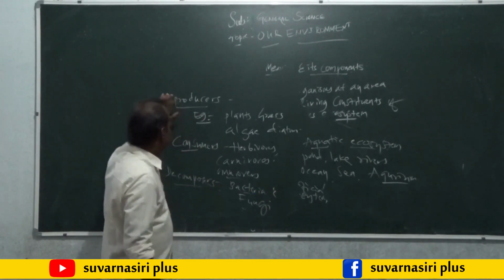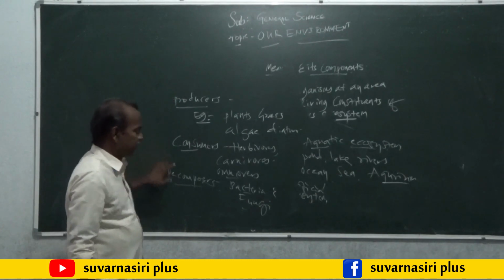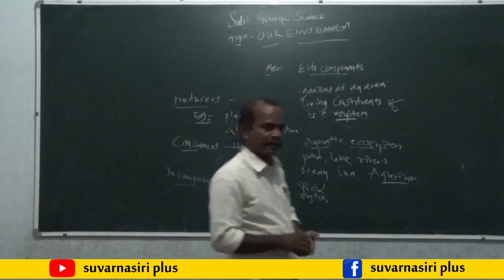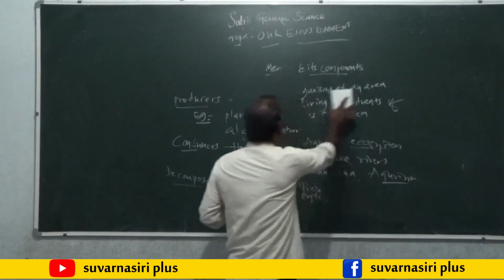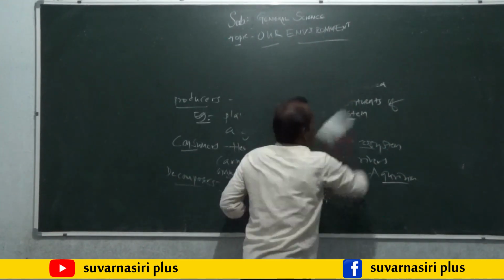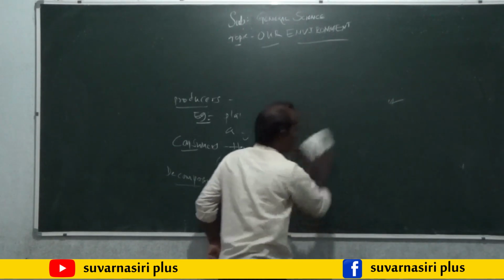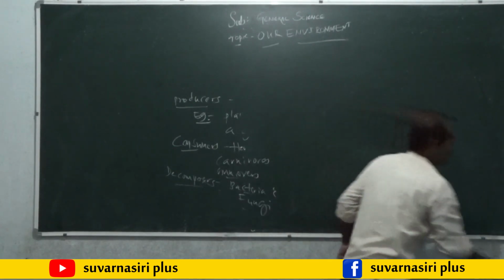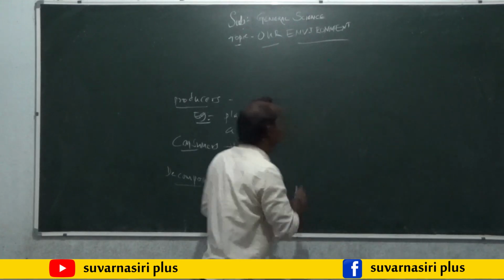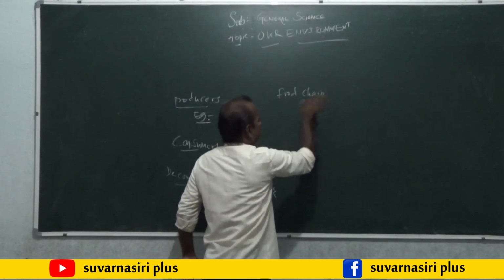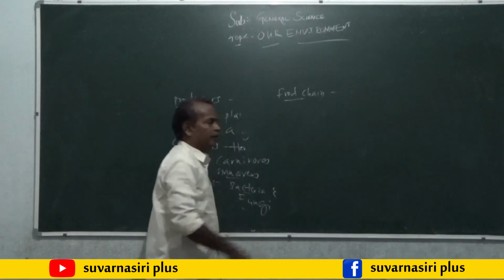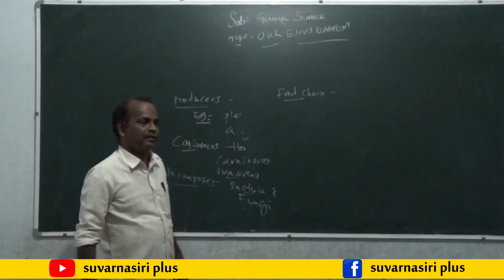So after understanding about the producers, consumers and decomposers, next we shall move to food chain and food web. How are we going to define the food chain?